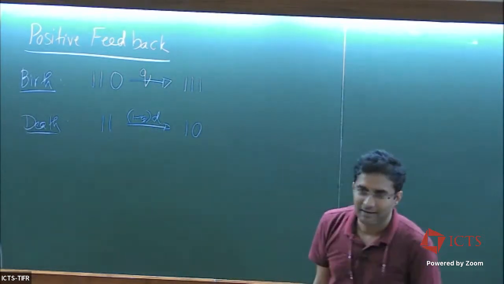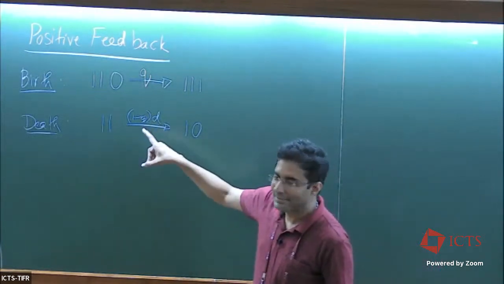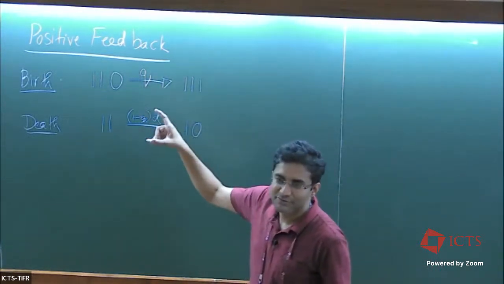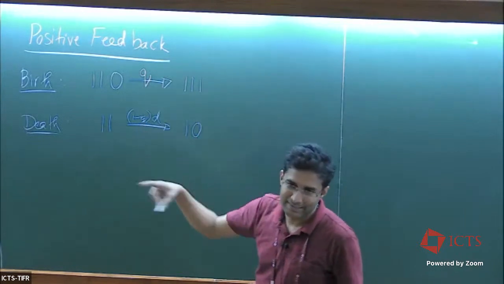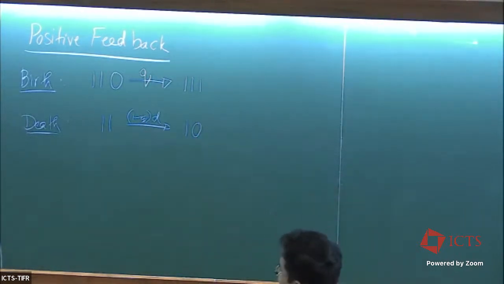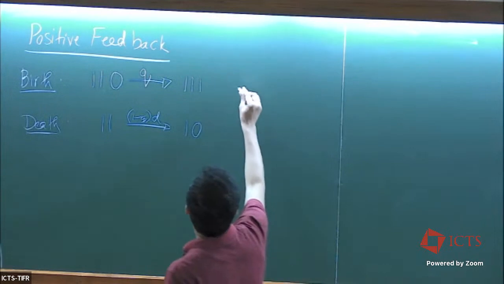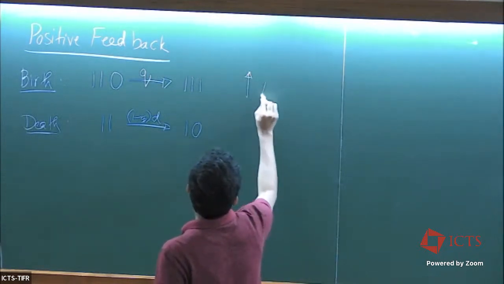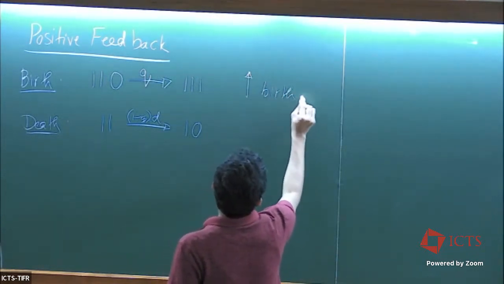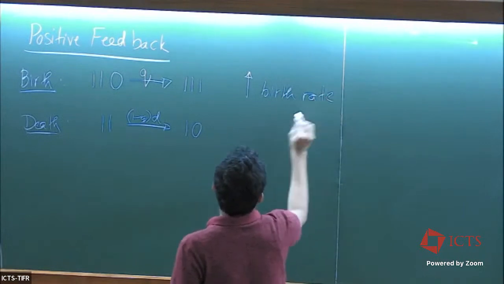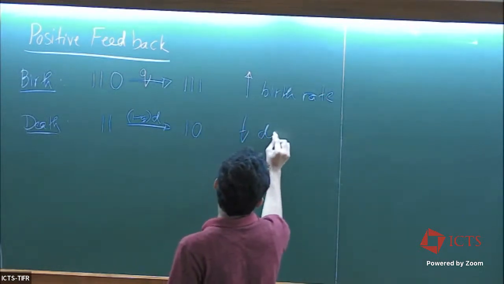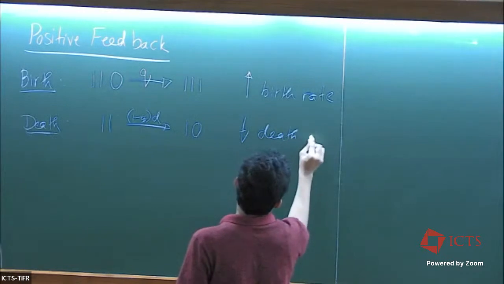Of course, I could have added one more parameter here, but to reduce the number of new parameters, I'm using the Q again. Basically there is an enhanced birth rate because of neighbors, and there is a reduced death rate.